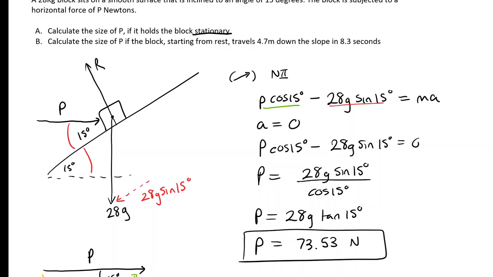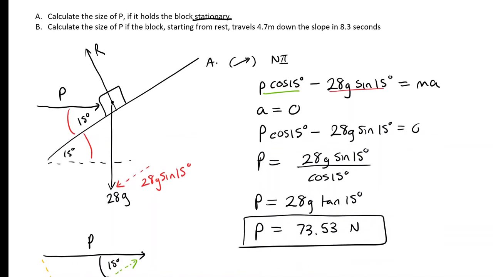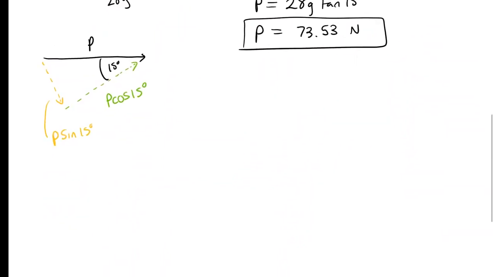That's the answer to A. In part B, we've got calculate the size of P if the block, starting from rest, travels 4.7 meters down the slope in 8.3 seconds. We should just draw another picture here.